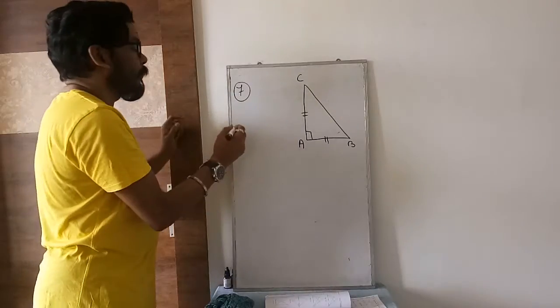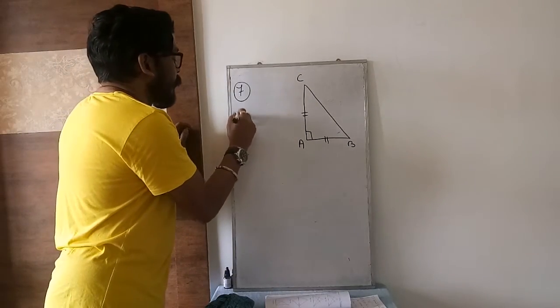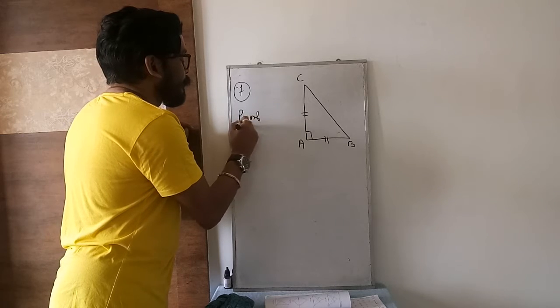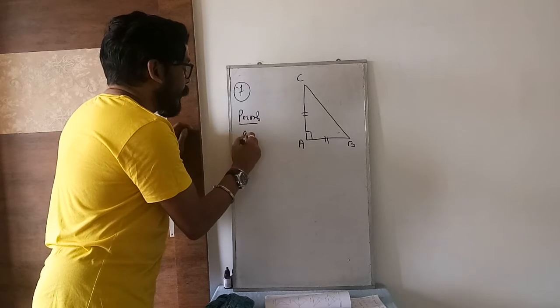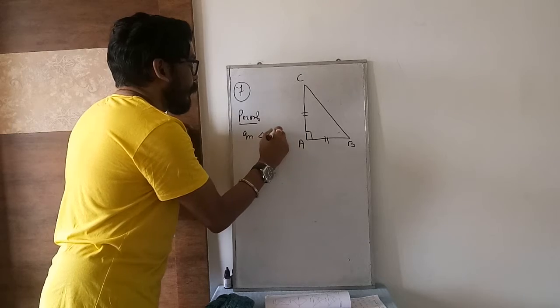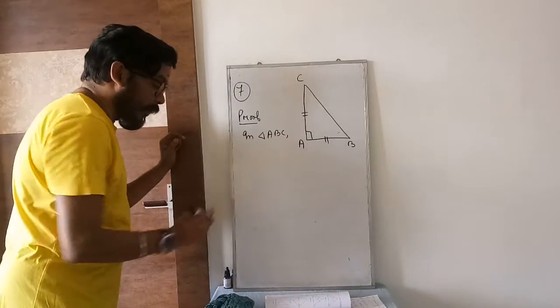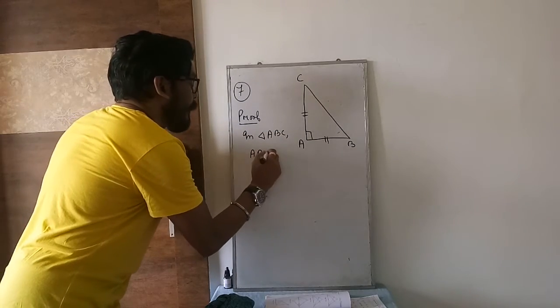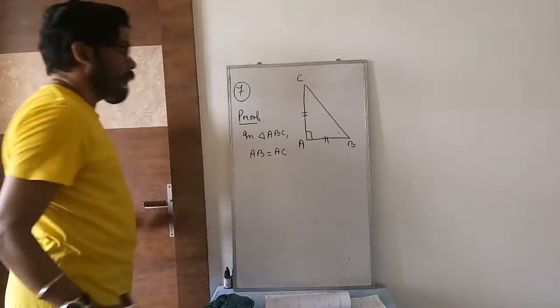So let me continue. In the proof part, what will we write first? In triangle ABC, what is given? AB equal to AC.